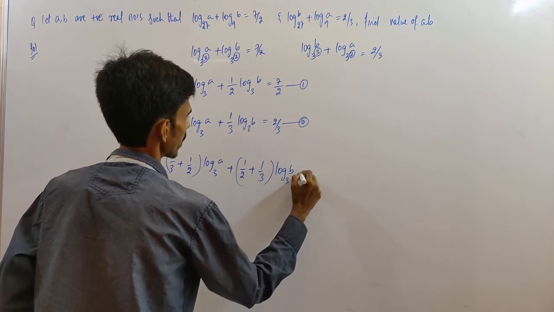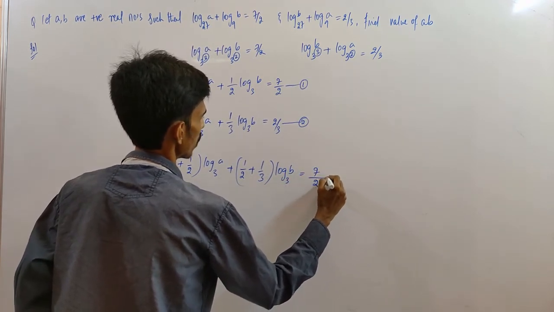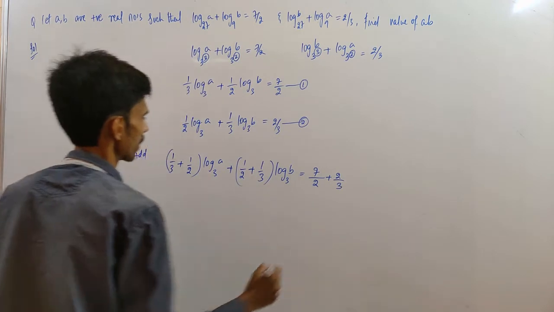log B base 3 is equal to 7 by 2 plus 2 by 3.